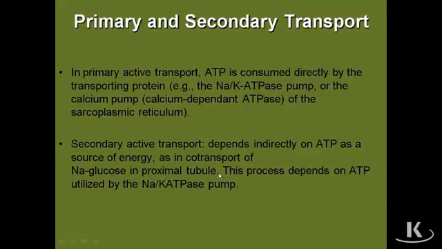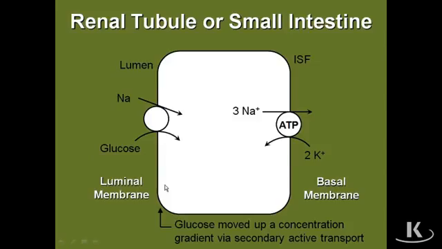Now, not in just this example, but in all secondary active transport, it utilizes the energy of the sodium-potassium pump. Now, this situation is illustrated on the next page here. This could be a cell lining the proximal tubule of the kidney or lining the small intestine.